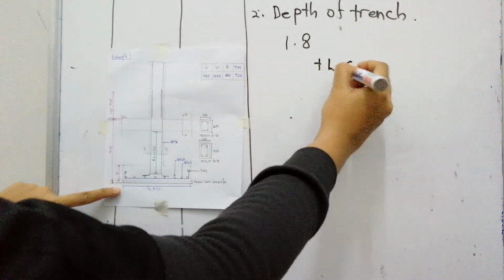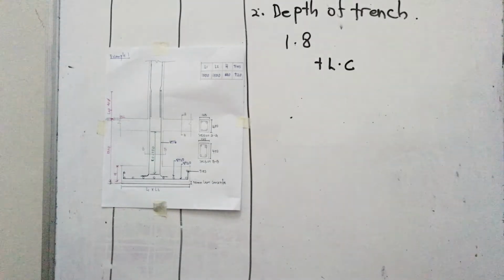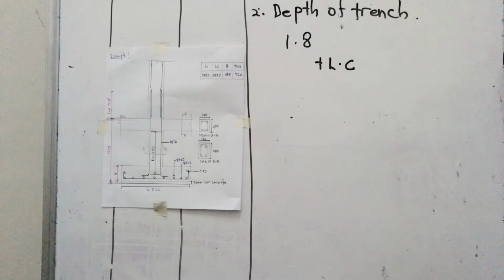The thickness of the lean concrete is 0.05.